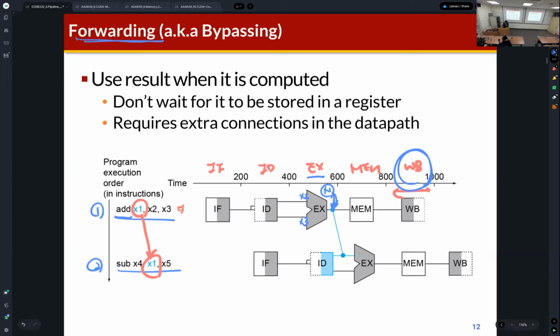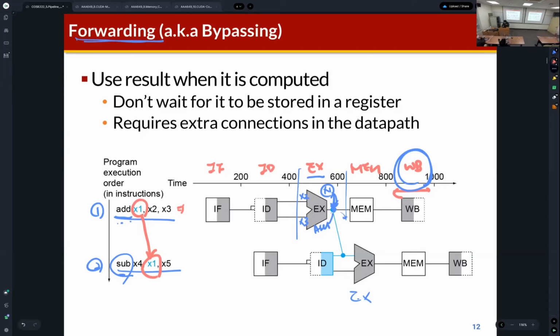So data forwarding means that the result is already generated by the ALU, and then when this result is used, actually this is the sub instruction. The sub instruction requires this result during the EX stage of the sub instruction, right? This is the next clock cycle of the EX stage of the add instruction. Are you following me?